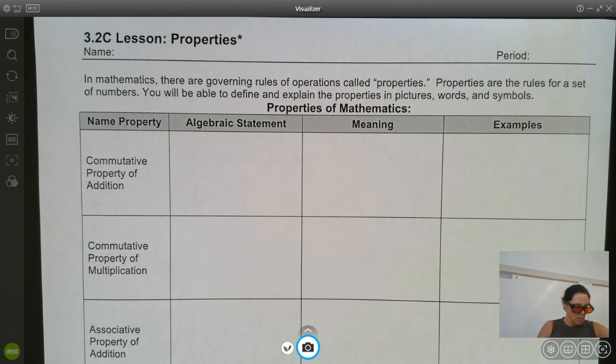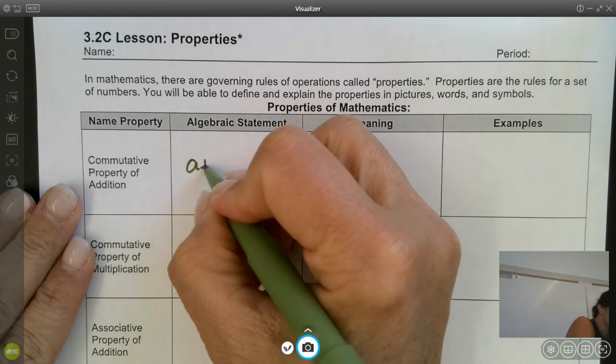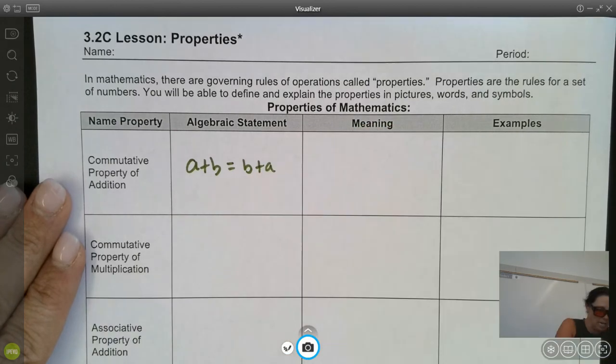All right, so commutative property, we've already studied this last module. That says a number plus another number is equal to the reverse of those added together.